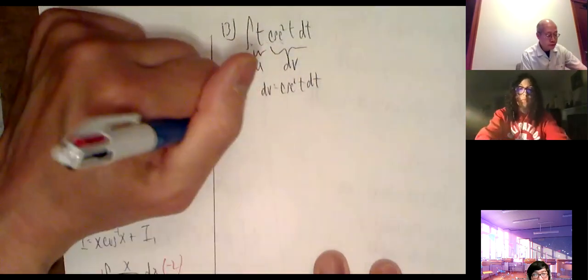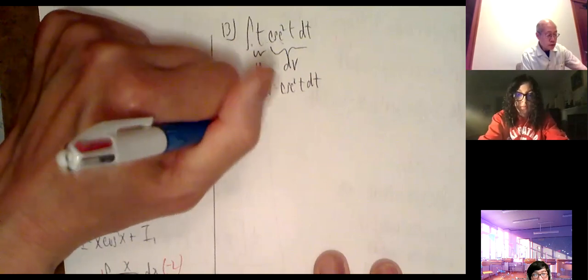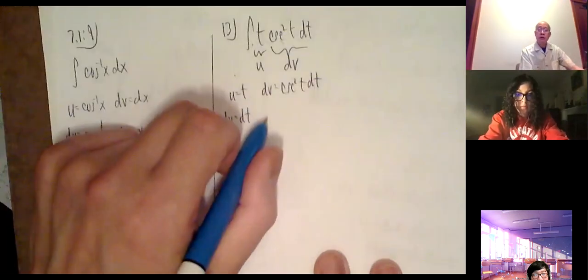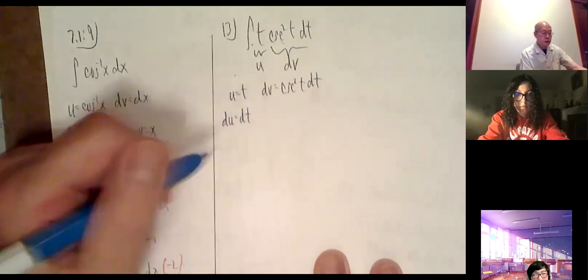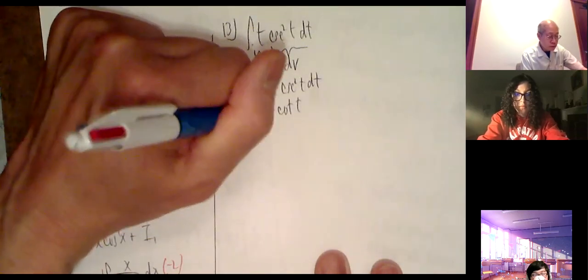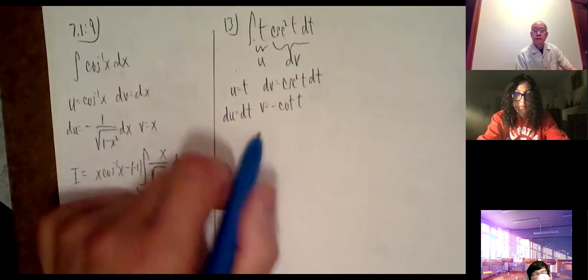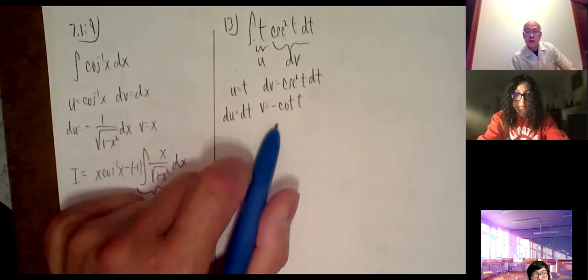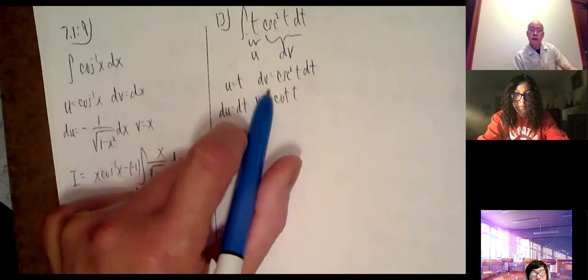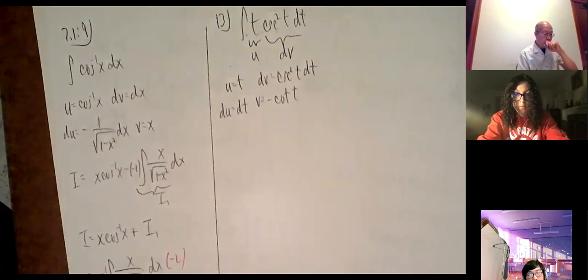Okay. du is dt, v is the integral of cosecant squared, the integral of the derivative of cotangent, negative cosecant squared.